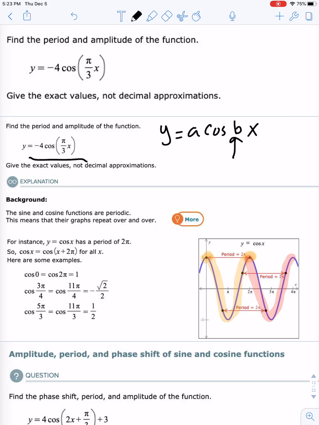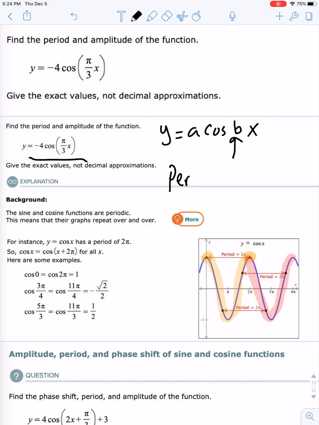That b value could make your graph get closer and closer together, or it could stretch out the period. We'll look at what causes it to stretch and shrink, but first let's figure out how to calculate the period using this equation.